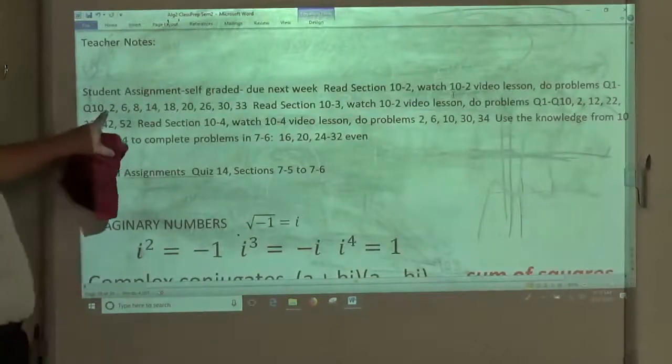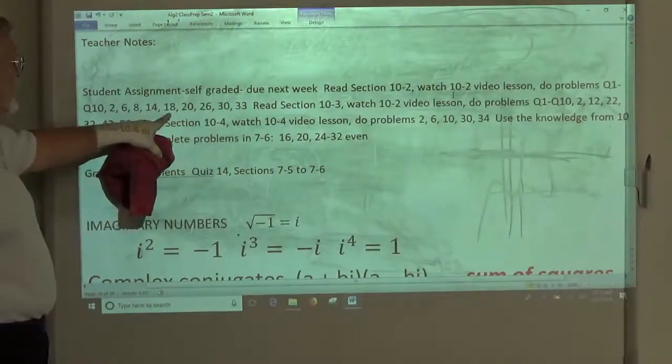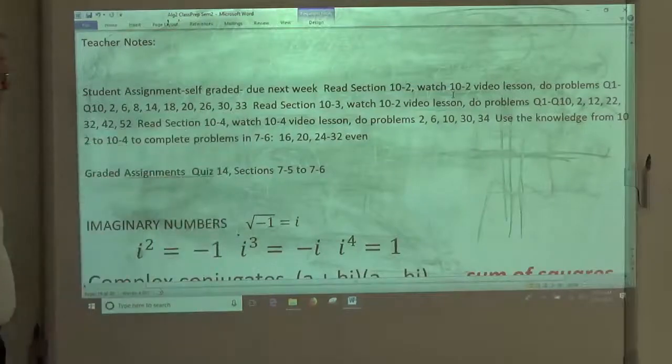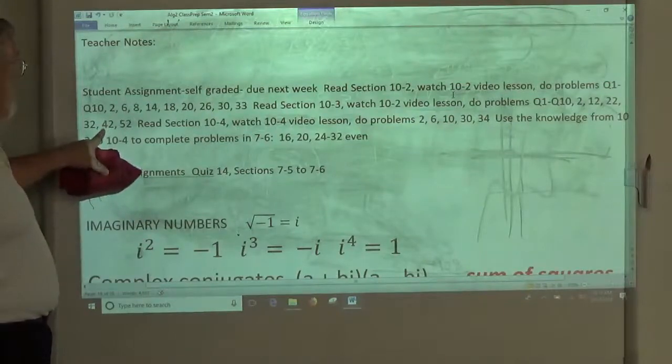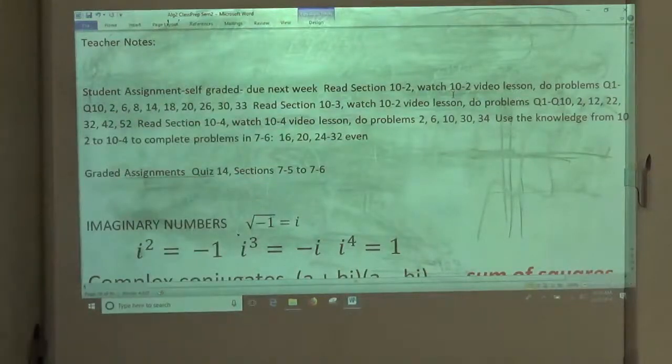In 10.2 you're skipping 4. You notice you're not doing all the numbers. And then in 10.3 you're only doing just about 6 numbers. And then in 10.4 you're just doing a few numbers as well.